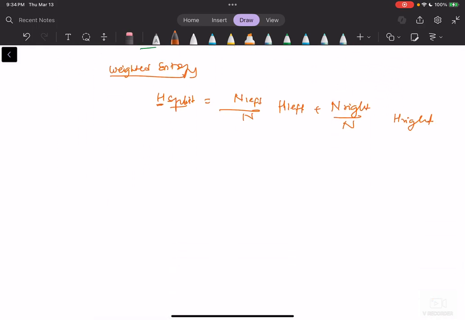And n is the total number of samples. Since larger groups contribute more to the overall impurity, weighted entropy ensures that we don't ignore the group size.